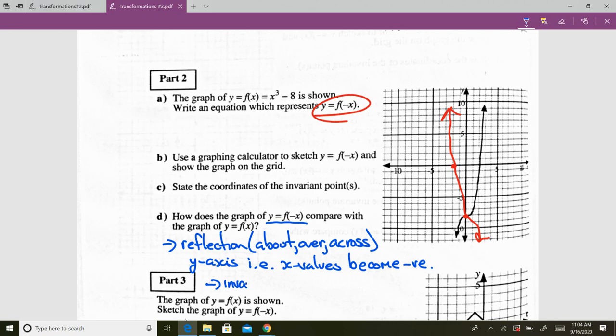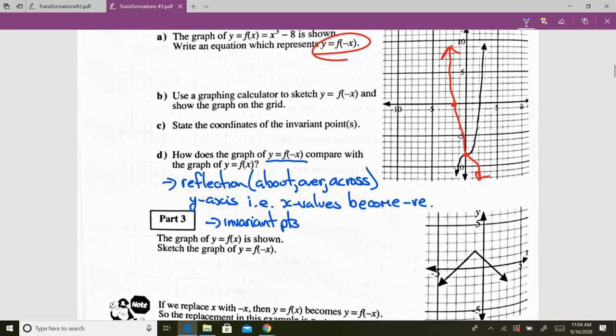You have invariant points, i.e. the ones that don't change. What points don't change? What point didn't change on this graph? The y-intercept. That's where x is 0. At y-intercept, which is when x is 0.